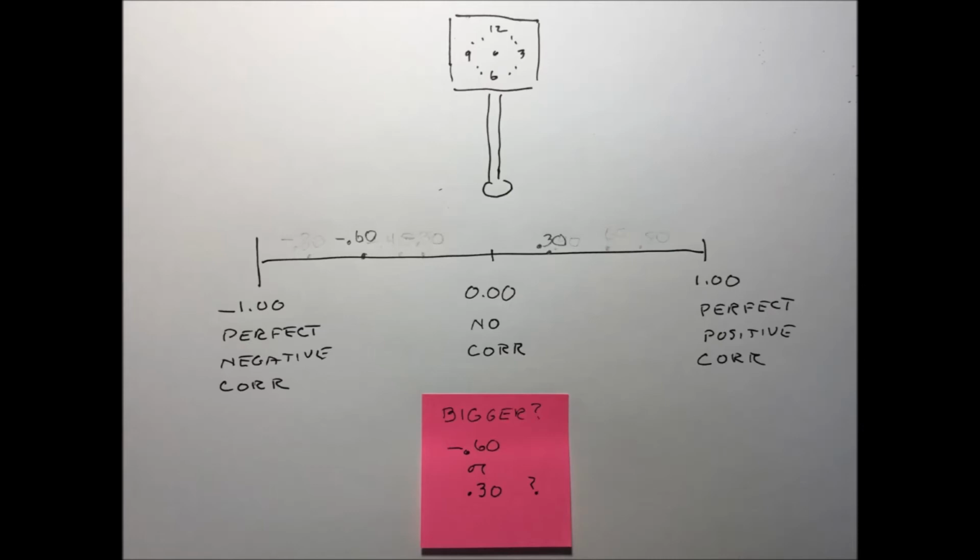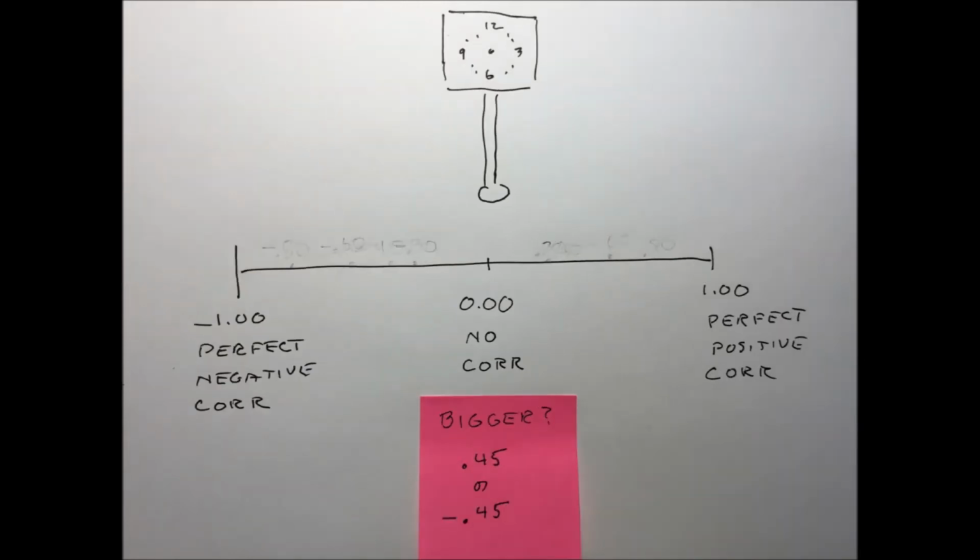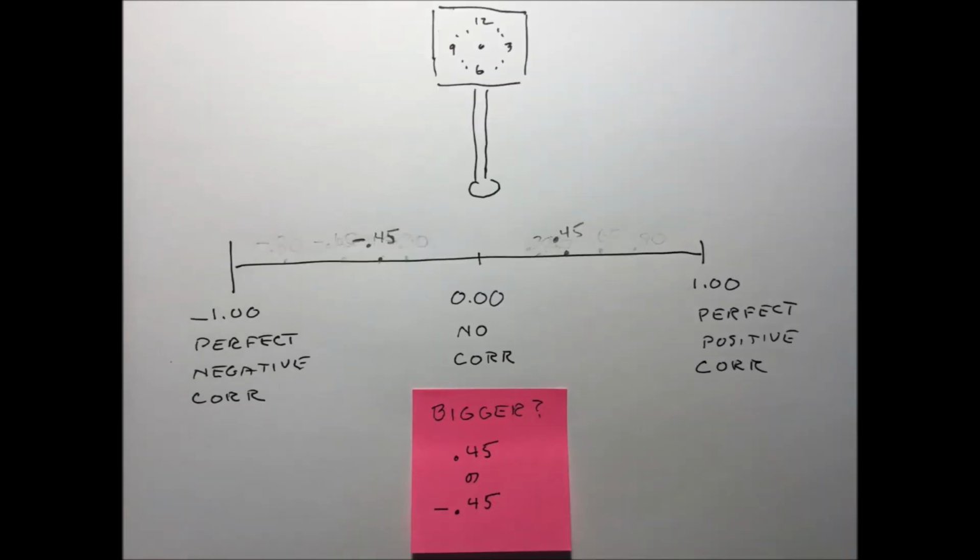When you spot them on the number line, you can see that minus 0.60 is farther from 0 than is 0.30. Minus 0.60 is larger. Let's try another now. Which one is bigger, 0.45 or minus 0.45? By spotting them on the number line, I hope you would recognize that they are equidistant from 0, and thus they are the same size.